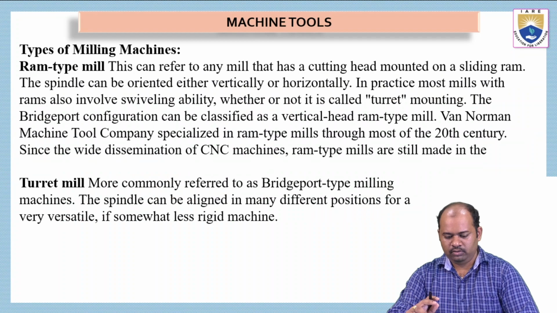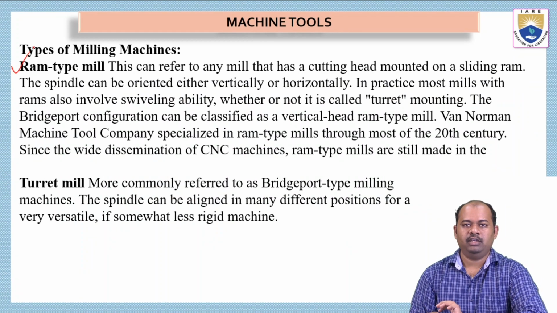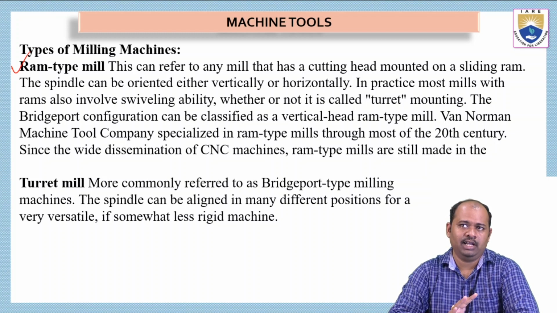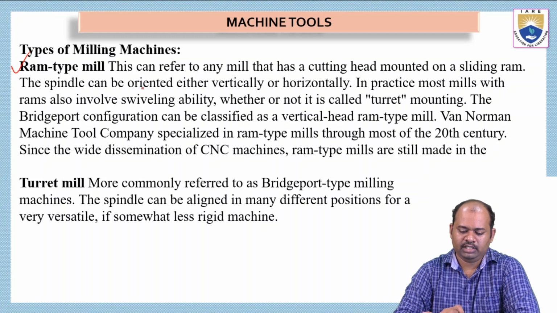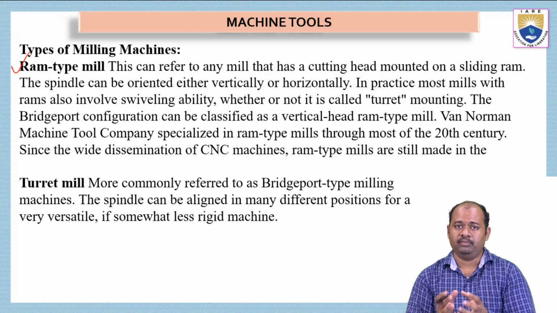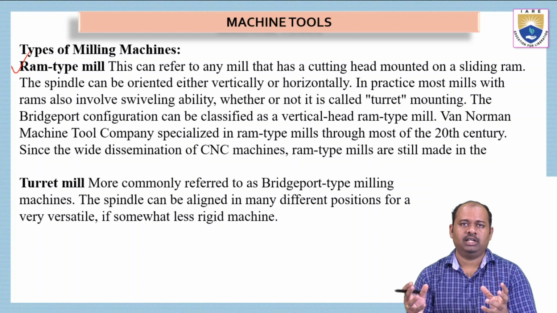Now we have another type of milling machine: ram type milling. Ram type milling machines can refer to any mill that has a cutting head mounted on a sliding ram. We have a sliding ram, and on this a mill is constructed.